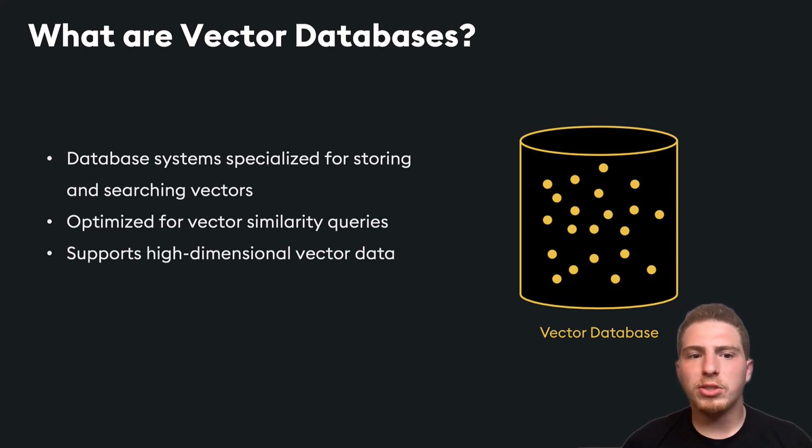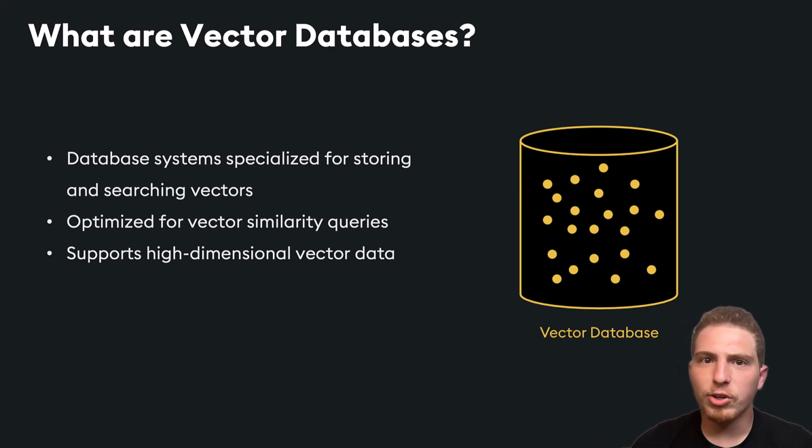Now, vector databases support high-dimensional vector data without some of the disadvantages of in-memory vector search. For example, they're much easier to deploy in practice, and there's usually a cloud solution that you could use, which is really easy to get started with. In vector databases also, you could make queries while you're adding data, which you can't really do with in-memory vector search.